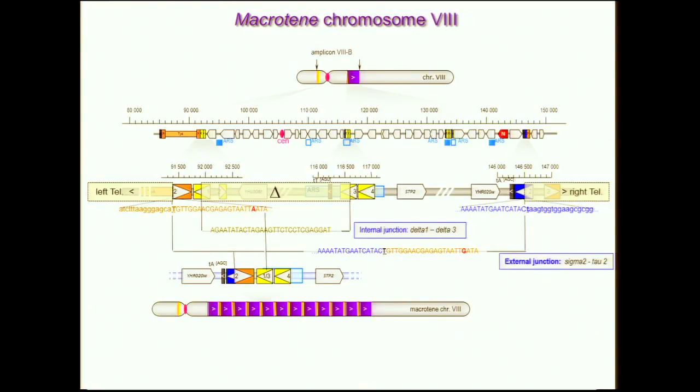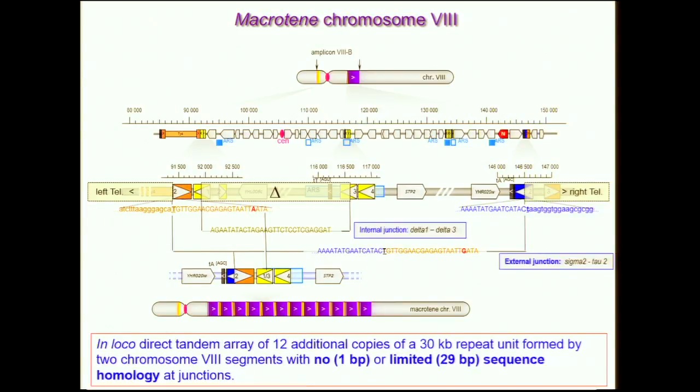And the crossover here occurred within this sequence, forming a repeat unit made of this sequence plus this sequence joined together and repeated 12 times, so 12 additional times along the chromosome in tandem at the right place, because we mapped it exactly, and this is simply the original piece of DNA, which was here, which has been tandemly amplified along the chromosome.